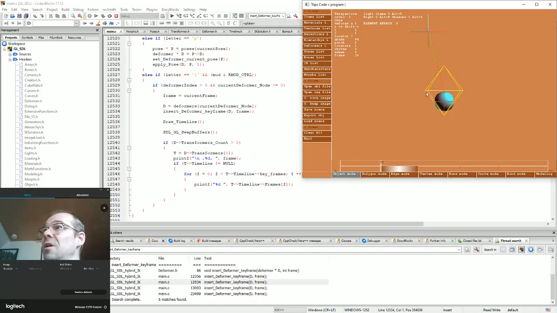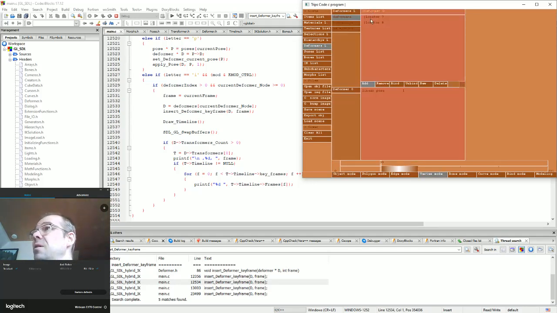This drawing here means that this is the former, and the transformer is parented to this former object, and this is set up here.